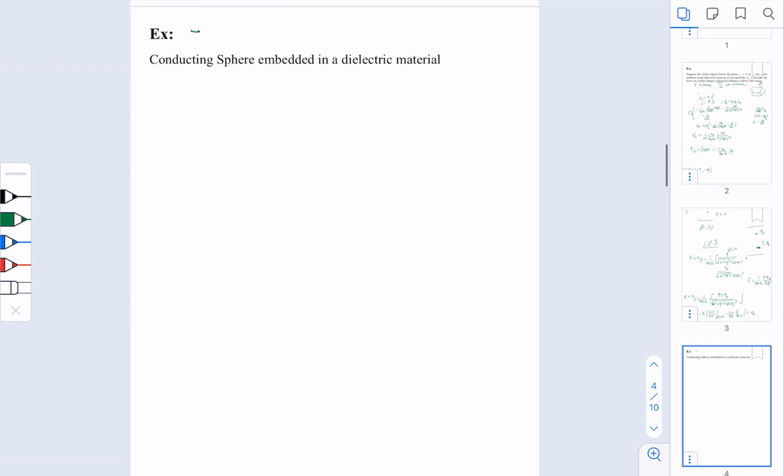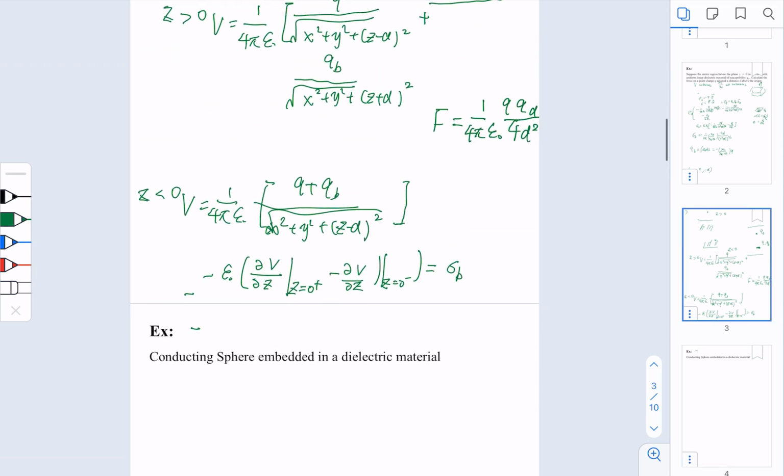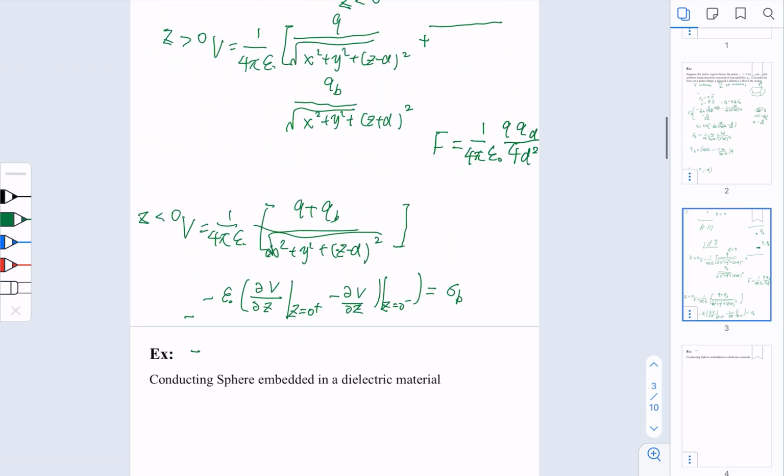Okay, let's check another example. Can I raise a question? Is the set larger than zero for the test charge above the surface, or is it on the surface? Because we're talking about the image charge.